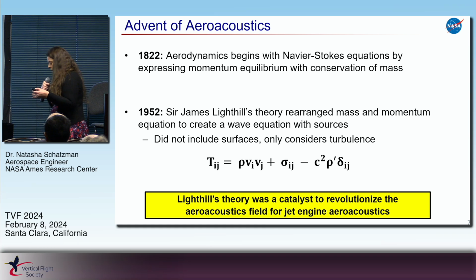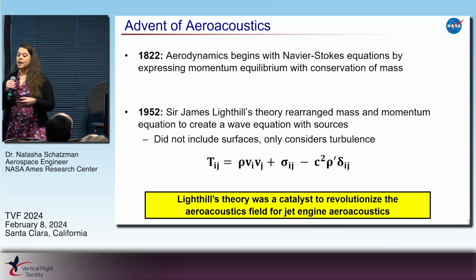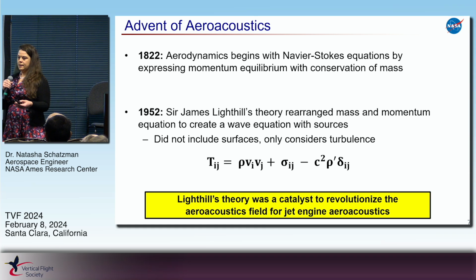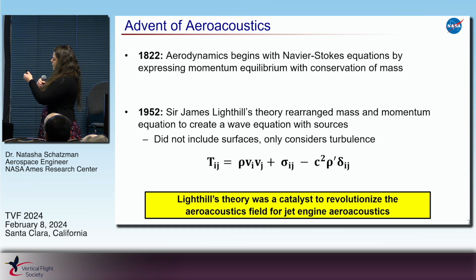The thing about this is that he did not include surfaces, so this is going to be turbulence. This right here is the famous Lighthill term, and Lighthill was actually the catalyst to revolutionize aeroacoustics, but for jet noise. So not us yet, but maybe a little bit in there.